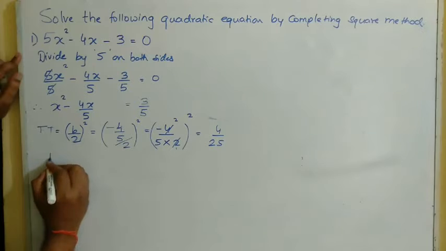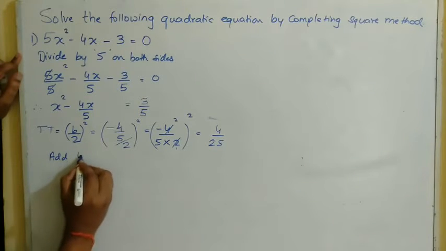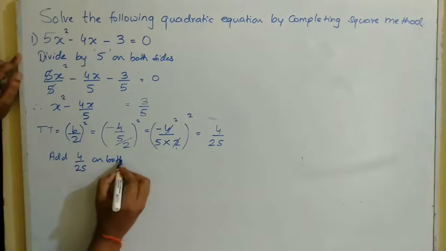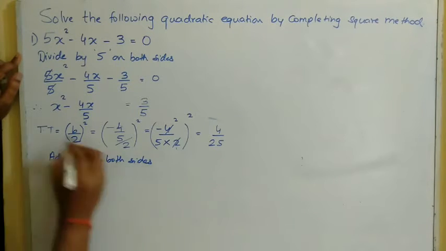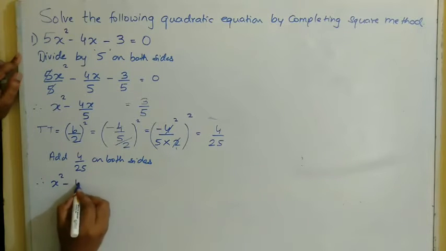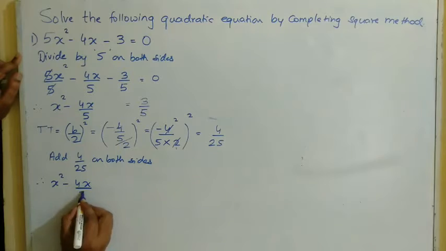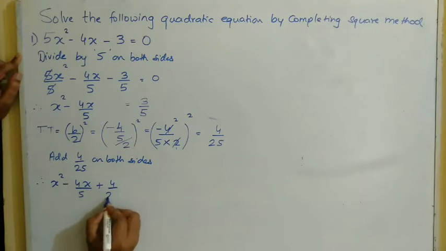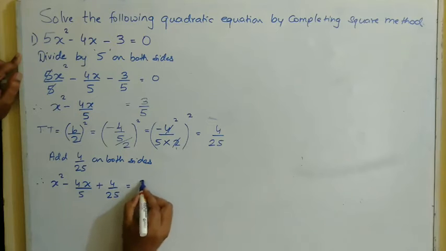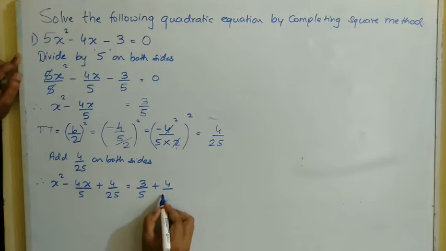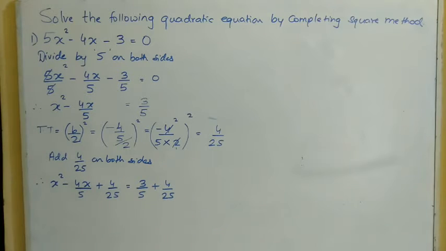I will write here, add 4 upon 25 on both sides. So I will get x square minus 4x upon 5 plus 4 upon 25, equal to 3 upon 5 plus 4 upon 25.